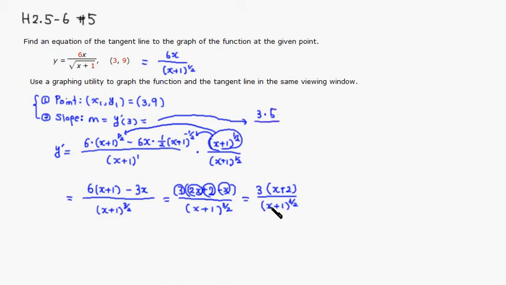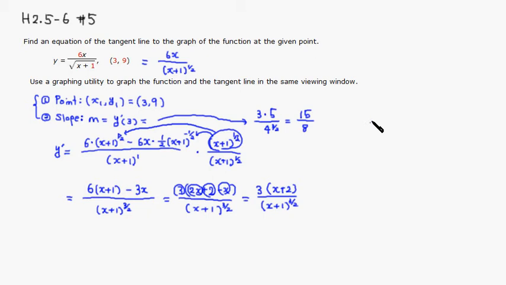Then you have 3 plus 1 is 4 to the 3/2 power. So 15 on top. The 1/2 power is square root, so that's going to be 2. Raise it to the 3rd power, 2 cubed is 8. So that's the slope.